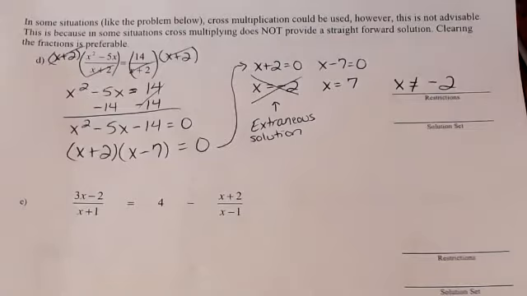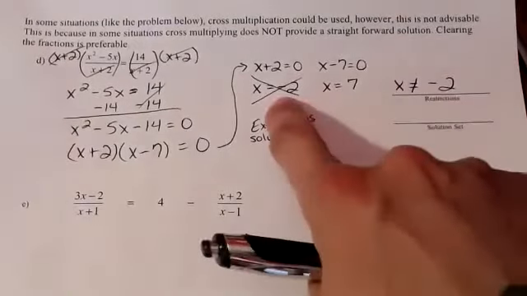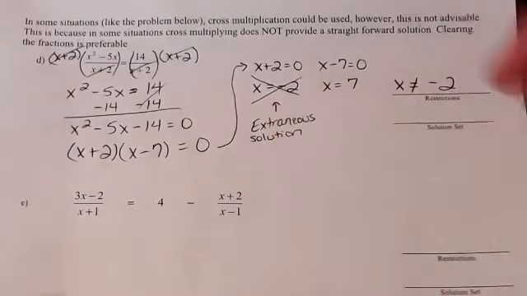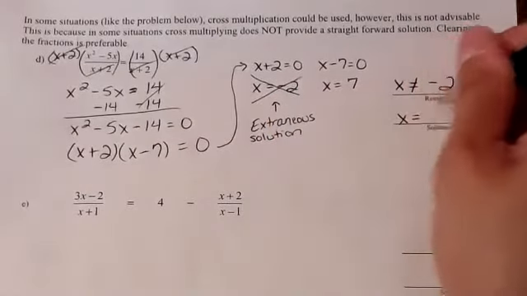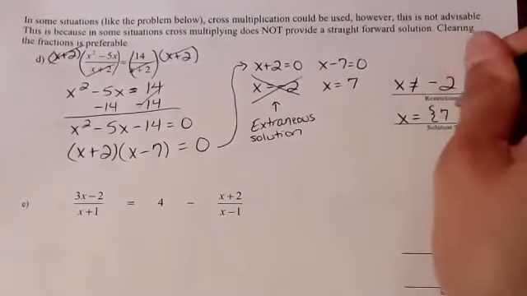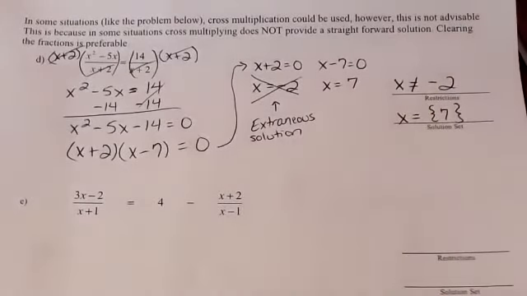We want to be really, really careful that we don't do that. This is why we look at the restrictions first. If we think about the restrictions first, then we're guided, right? And we could say, oh, all right, I have a restriction, so it can't possibly be that one, which means my solution is simply just a 7. It cannot be the negative 2 as well.